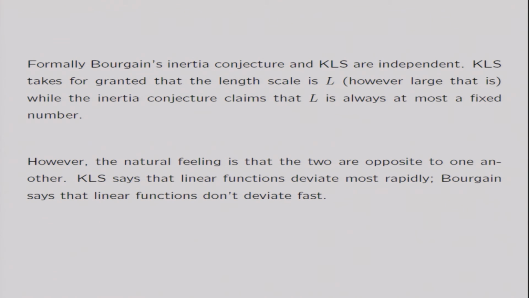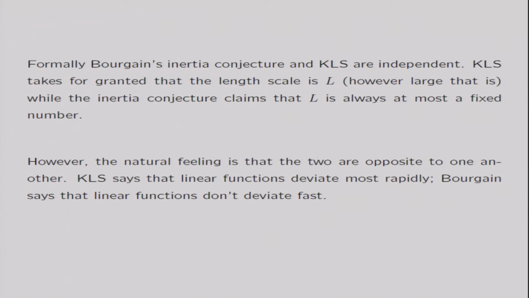However, informally, our picture, of course, is the opposite, that these conjectures are somehow fighting against each other. Bourgain says that L is small, but KLS says that L is big enough that things concentrate at that length scale. So it's forcing L to be big. Formally, of course, they're not contradictory.